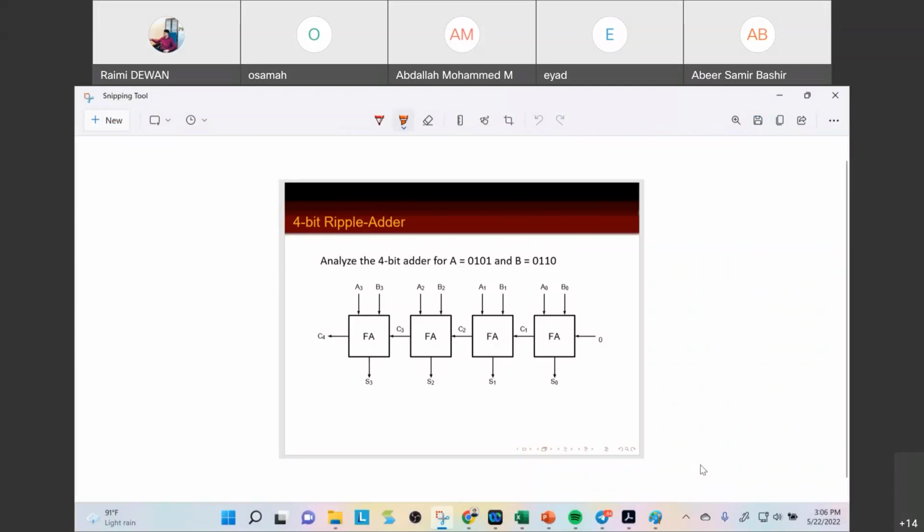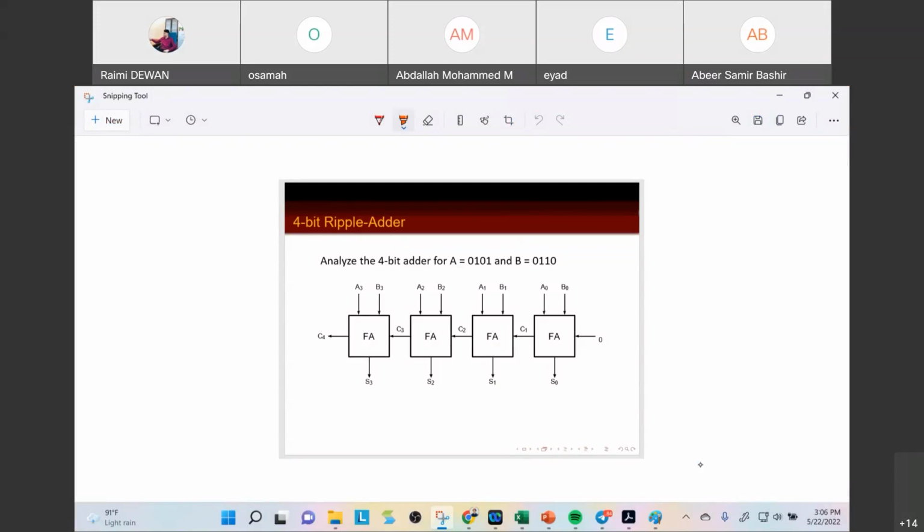Okay. So what does it mean by ripple adder is ripple? If we see the movement from the input towards the output, we will have a ripple.